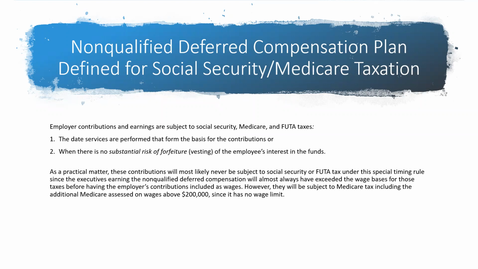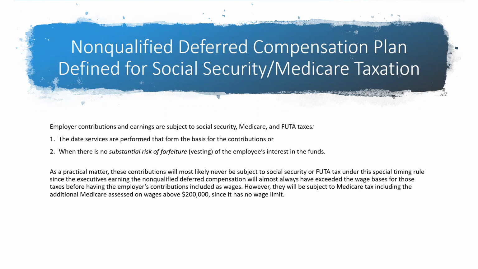Employer contributions and earnings are subject to Social Security, Medicare, and FUTA tax on the latter of the date the services are performed or when there is no substantial risk of forfeiture, or vesting, of the employee's interest in the funds.